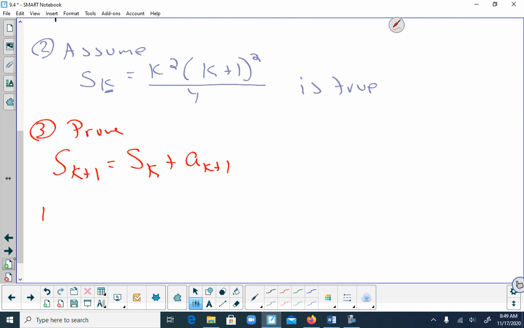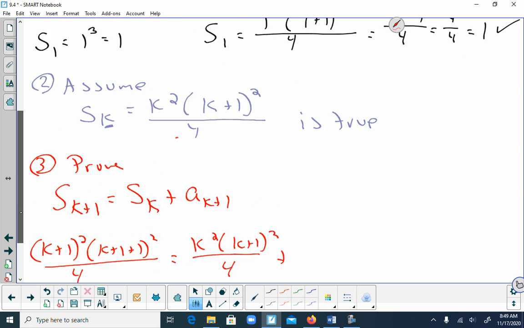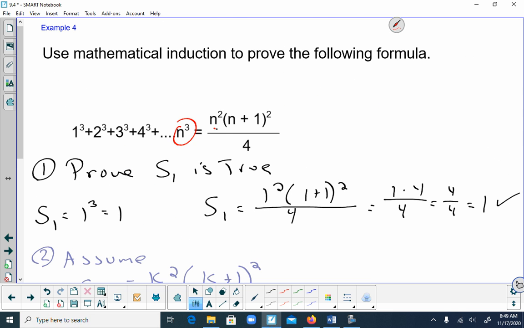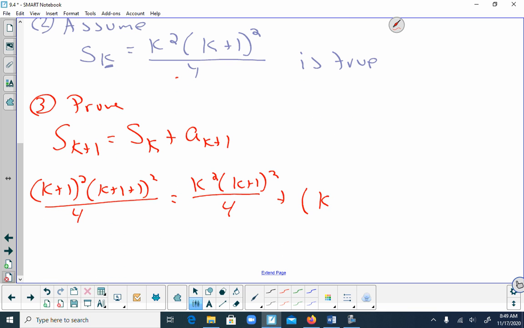So it'll be (k plus 1) quantity squared, and then (k plus 1 plus 1) squared, all over 4. And that's going to equal the sum of k, which we just wrote up here, k squared (k plus 1) squared over 4, plus the next term. So I'm going back up here, and it's n to the third, so I'm going to write (k plus 1) to the third.